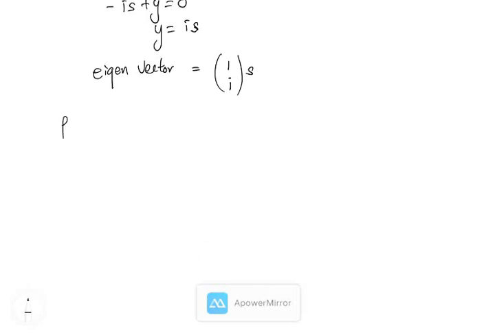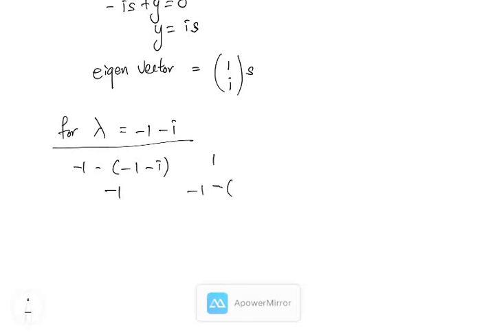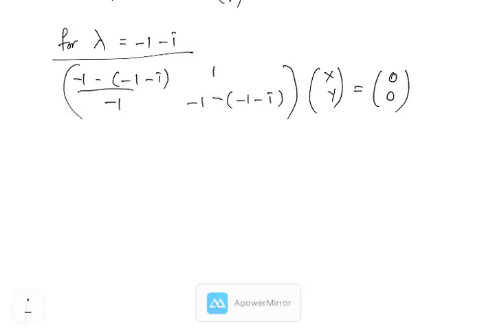Then we find for lambda equal to negative 1 minus i. So negative 1 minus (minus 1 minus i), and negative 1 minus (negative 1 minus i), times x, y equal to 0 and 0. So negative 1 plus 1 cancels out, so you get positive i x plus y equals 0.